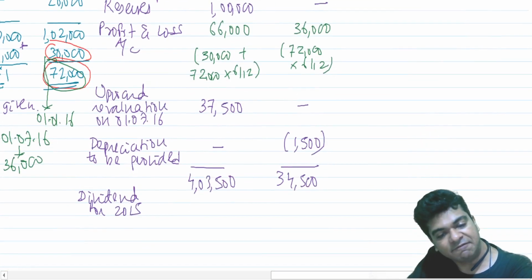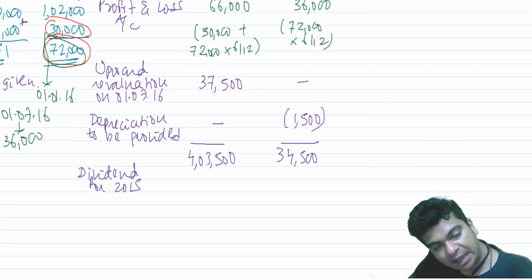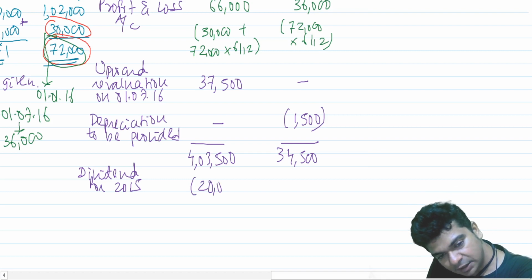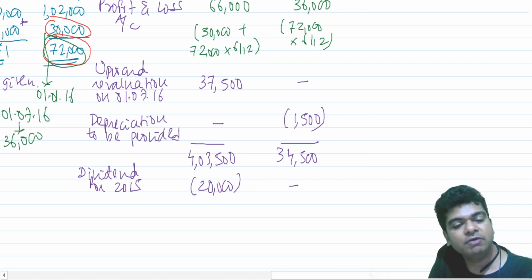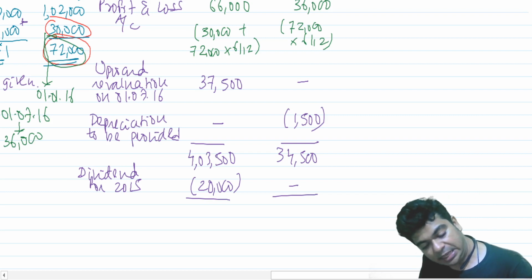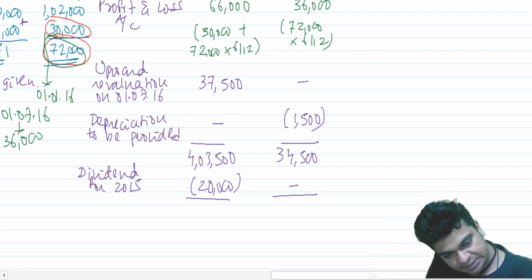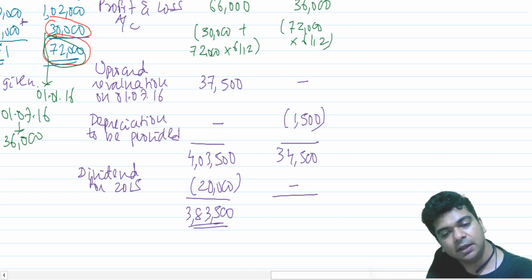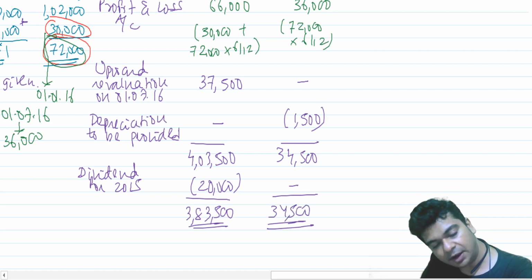That's the reason. Effect should be given in the pre-acquisition column. So dividend which has been paid, I will deduct. The dividend paid will result into reduction in the cash and bank balance. Reduction in cash and bank balance is reduction in the net assets. So I get this final figure now, 383,500, and here 34,500.